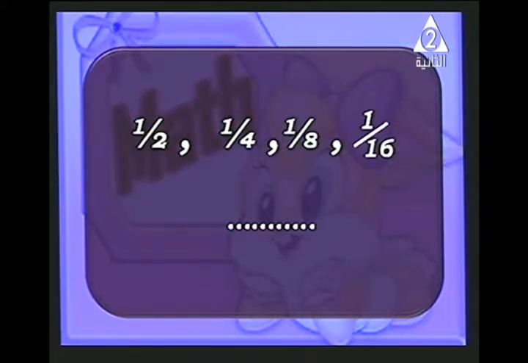What about the denominator? 2 becomes 4, 4 becomes 8, 8 becomes 16. So the numerator is the same 1 and the denominator is multiplied by 2. Then what about the next number? Yes, the next fraction is going to be 1 over 16 times 2, which is 32. So the result is 1/32.